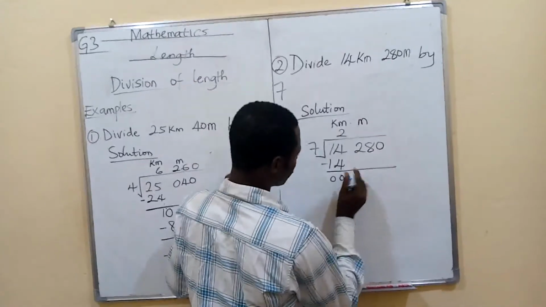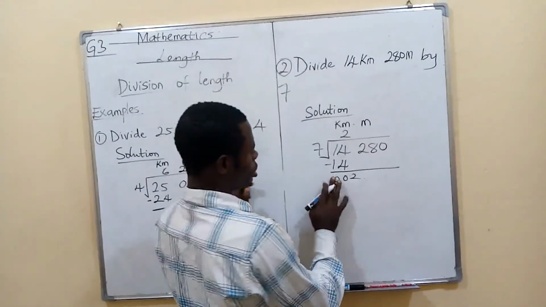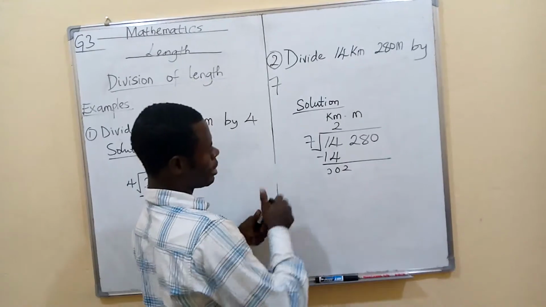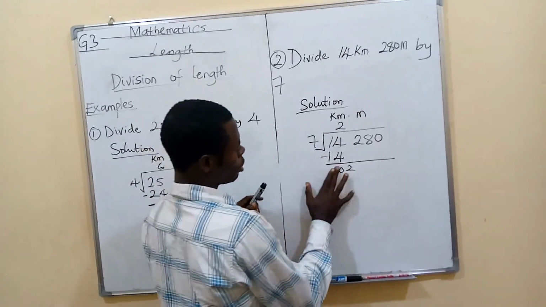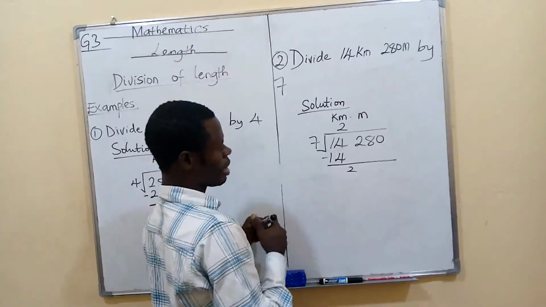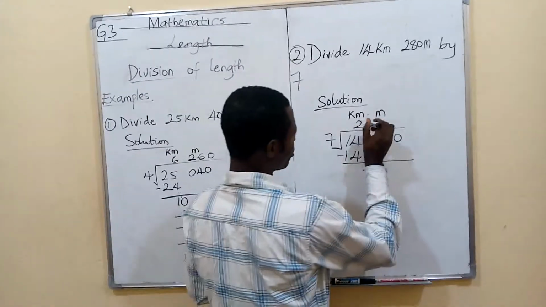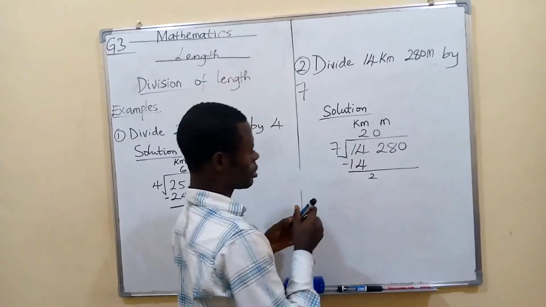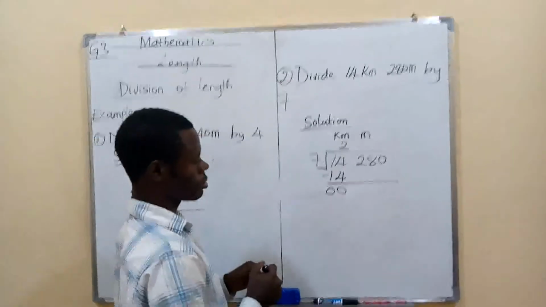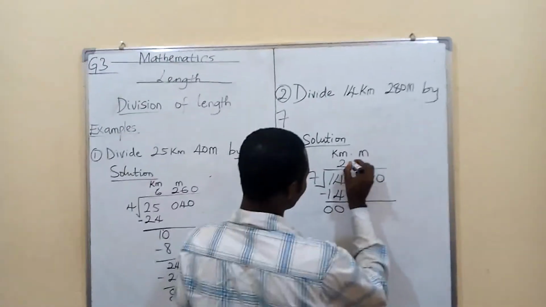If you bring down 2, what we have now is 2 divided by 7. Or you just remove this 0. We have now 2 divided by 7 is 0. Alright? So 0 divided by 7 is 0.